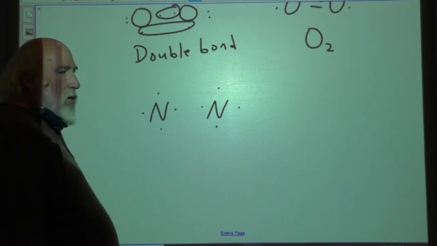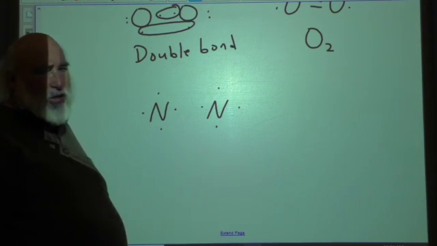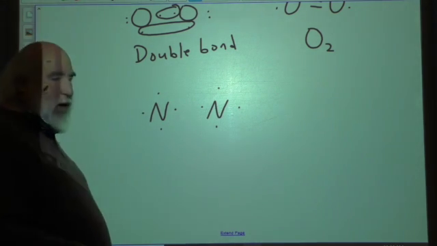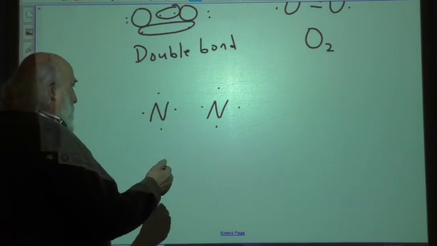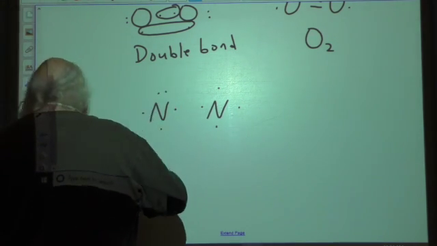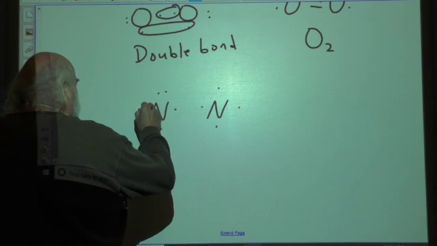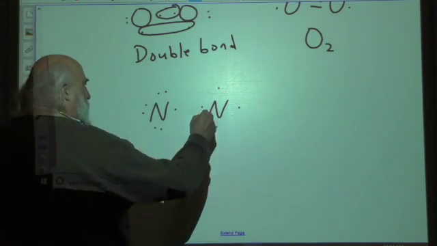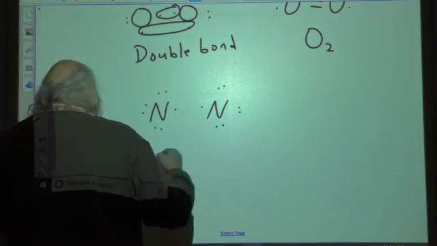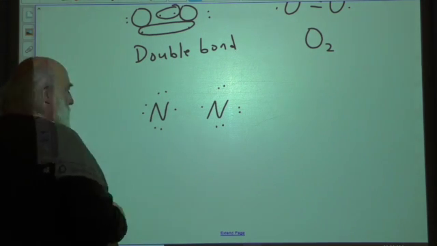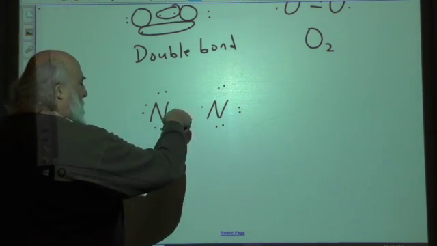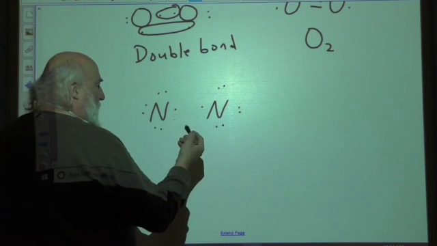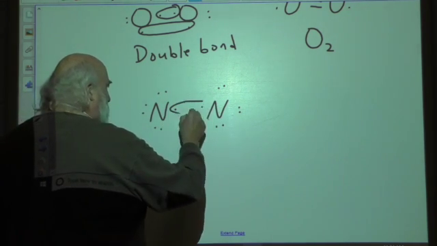And again, we want one electron facing each other on each nitrogen if we can. And we can. So we pair these electrons here, these electrons here. And that leaves us this one pair of electrons that is not shared yet to be shared between the two atoms.